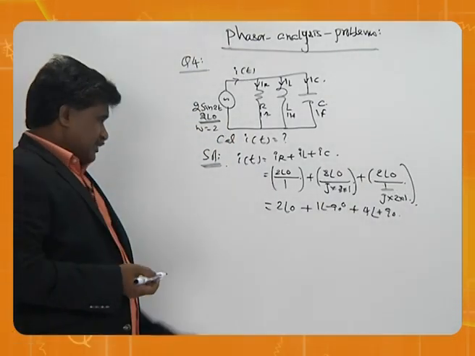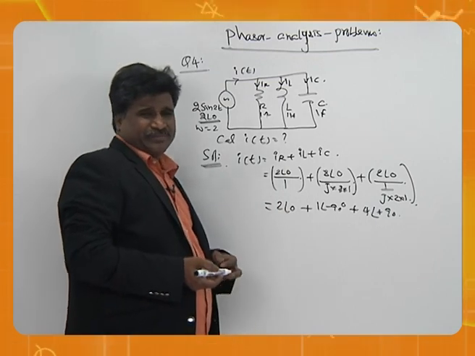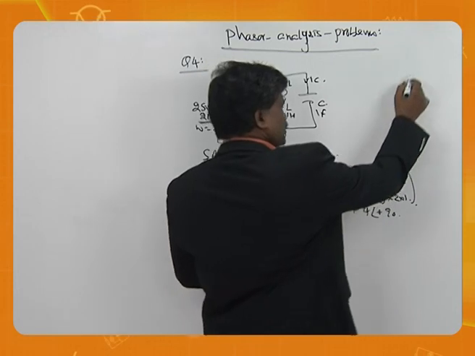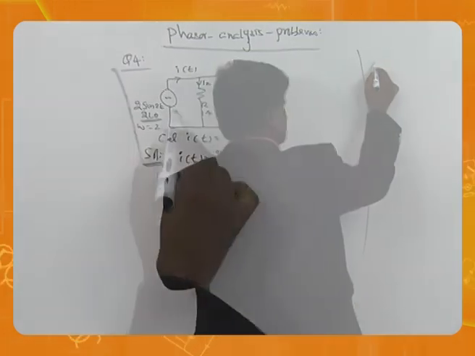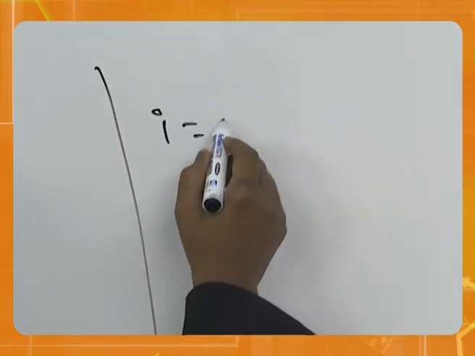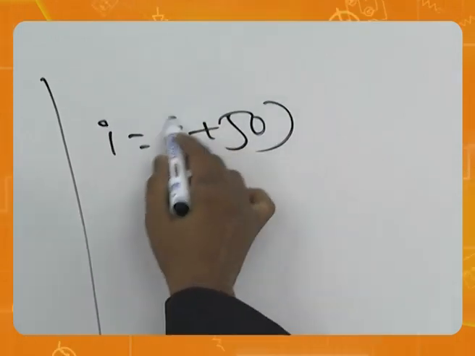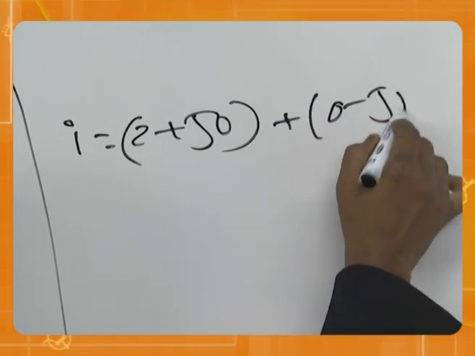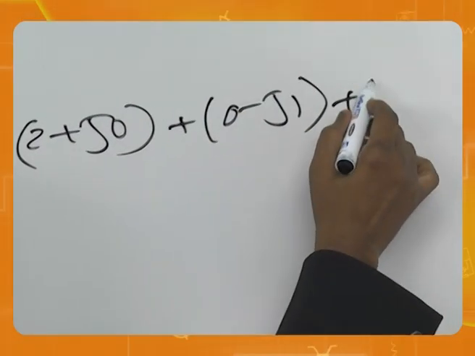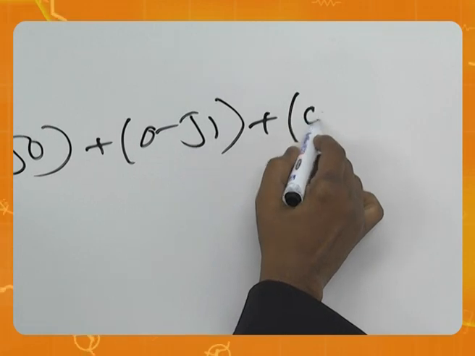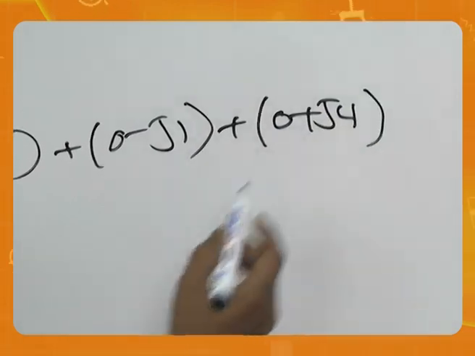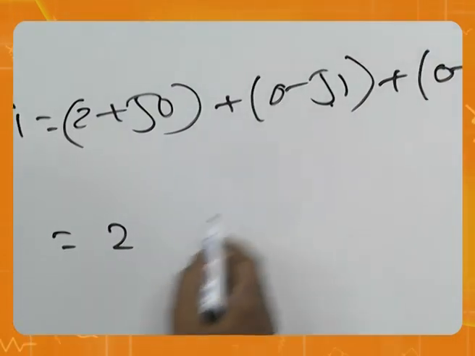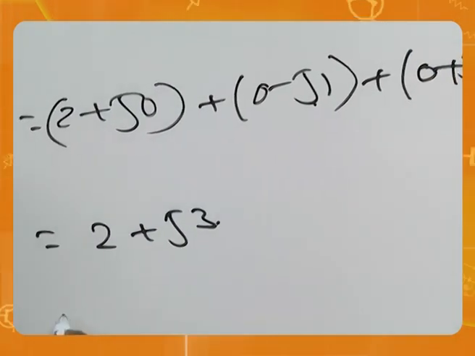As I have been telling, you cannot calculate if they are in polar, so convert them into rectangular. I is equal to 2 plus j0, plus 0 minus j1, plus 0 plus j4. Therefore, positive is more: plus j3.